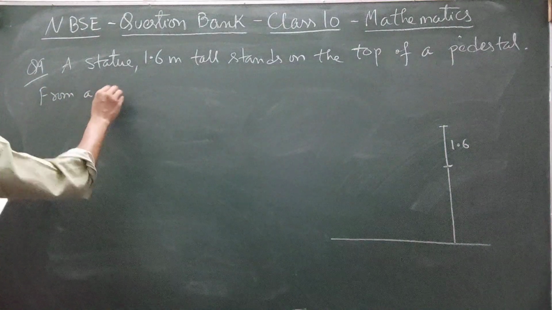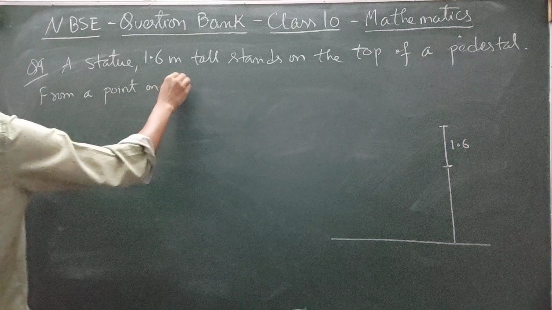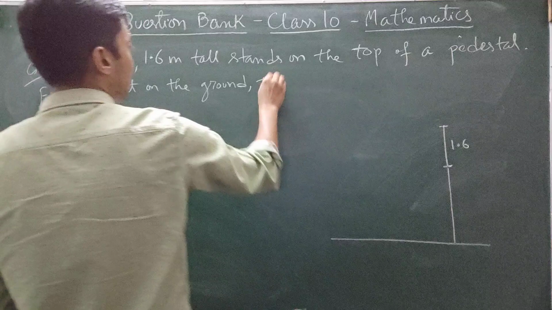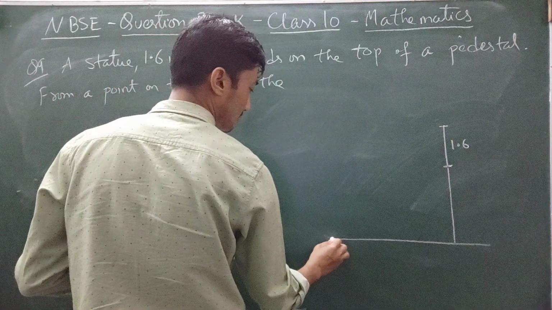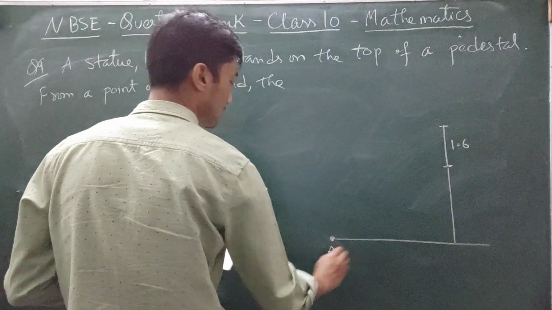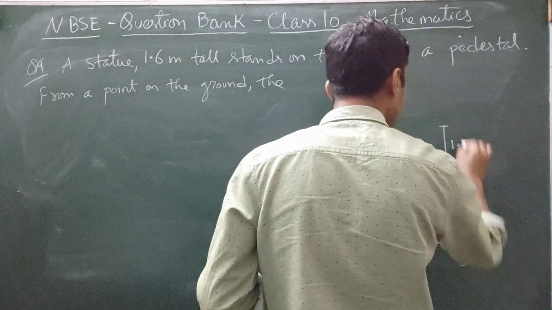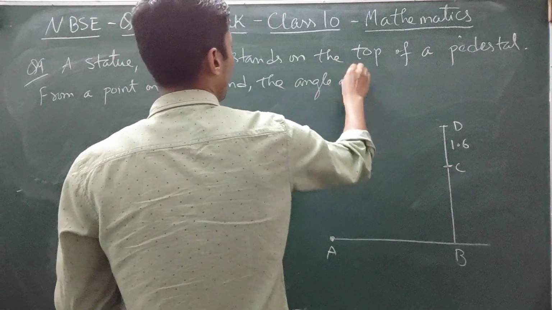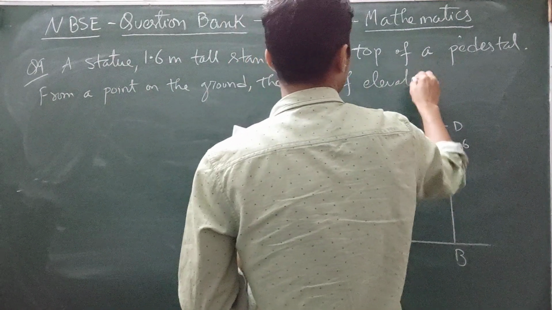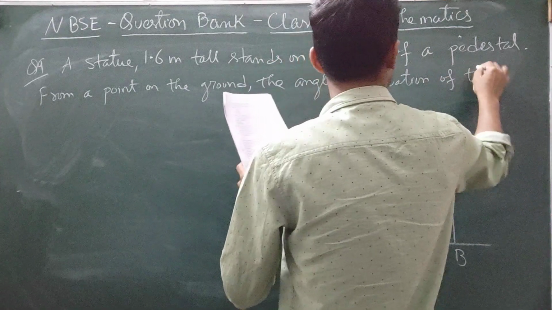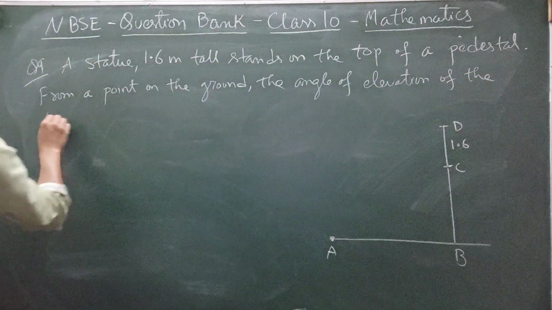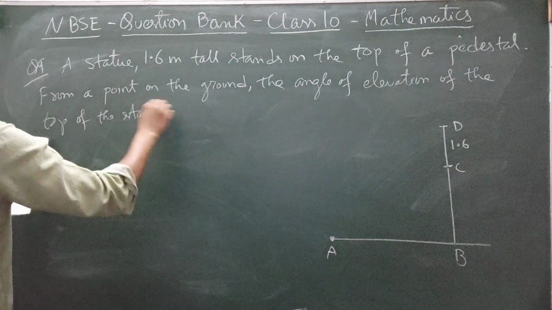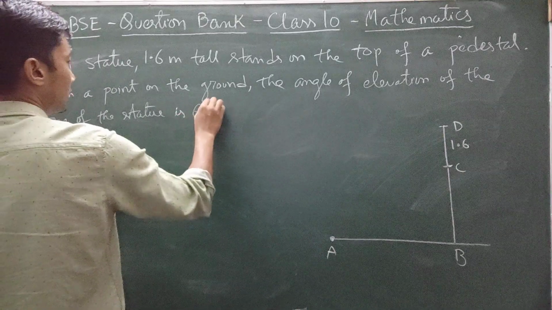From a point on the ground, let's say from this point, the angle of elevation of the top of the statue is 60 degree.